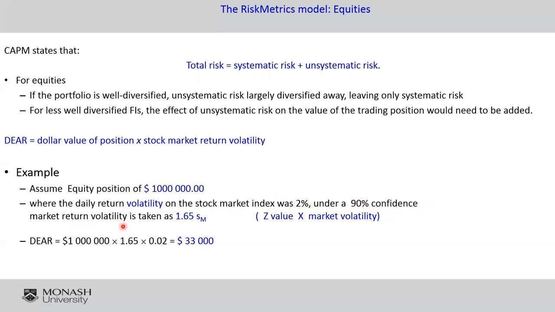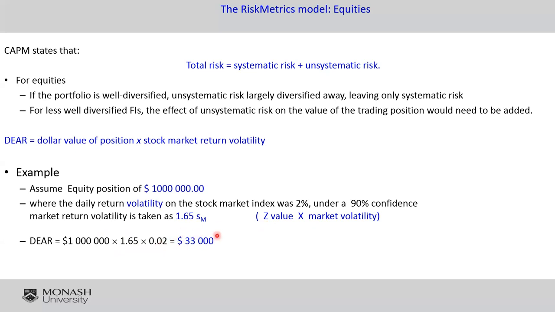So the market return volatility is taken with 1.65 for this standard deviation. So the Z value times the market volatility, and the position is 1 million. This is 1.65 under 90% confidence, and this is actually the volatility of the index of the market.